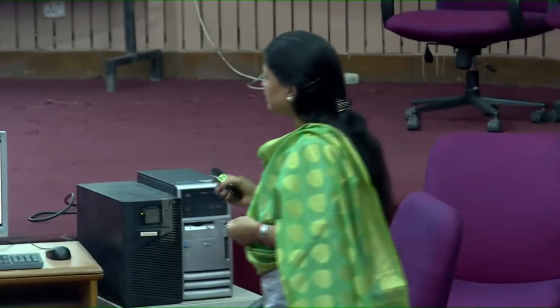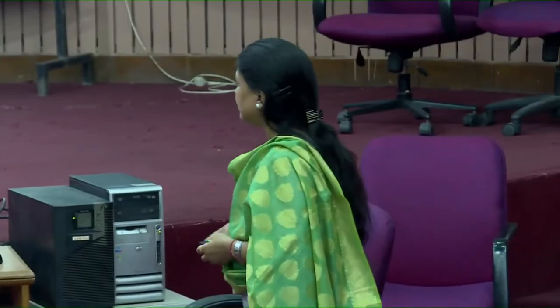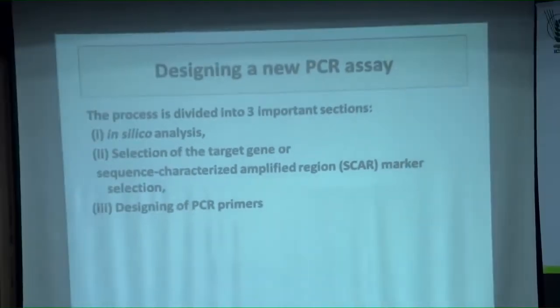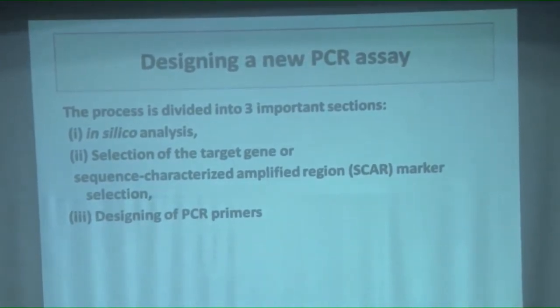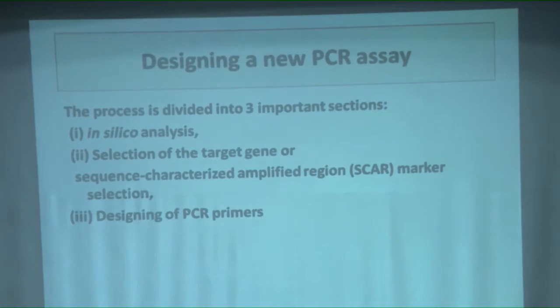I told you the second step is the designing of the PCR assay. The process is in 3 types. For a specific marker, generally we can have 2 types of markers here. One is based on the genes which are used for identification, like conserved genes, ITS, IGS, beta tubulin, TEF, those can be used for the designing of the primers.